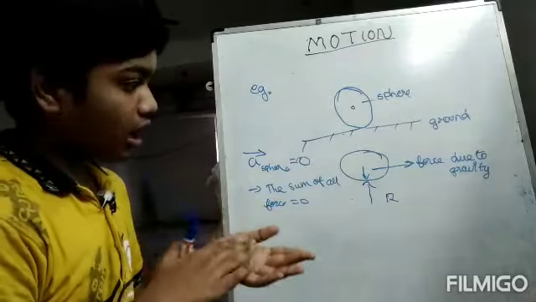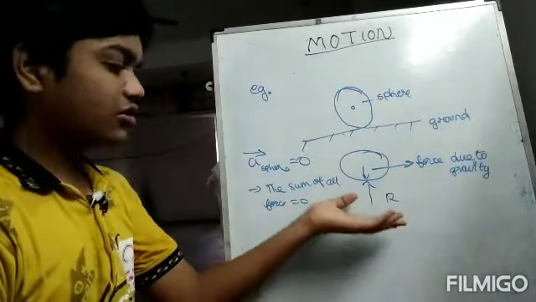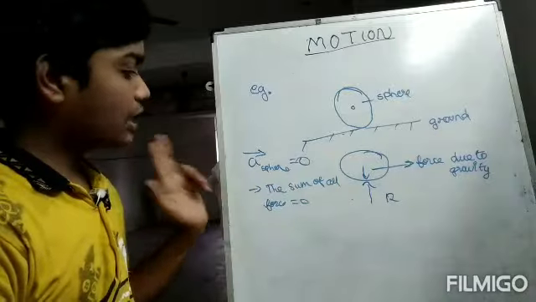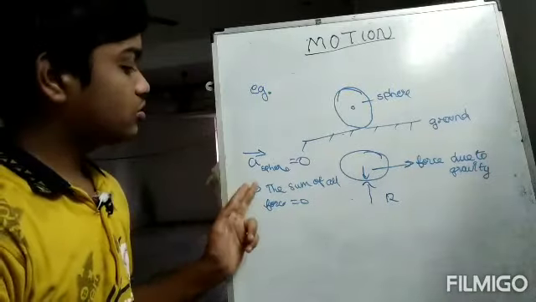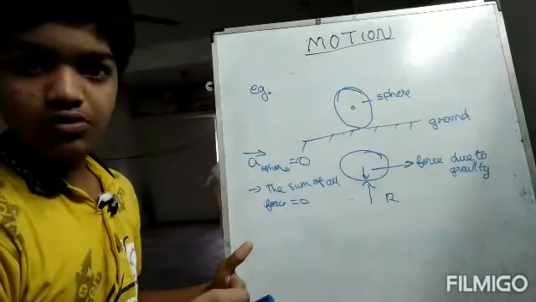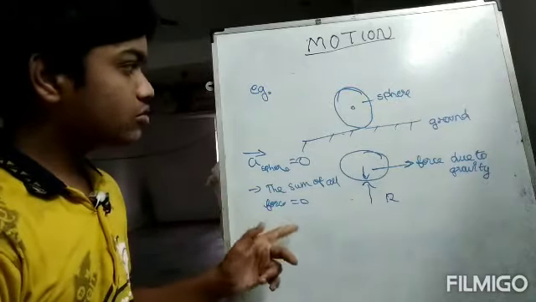This is another force. Now it is at rest, so the acceleration will be 0. Then the sum of all external forces will be 0.